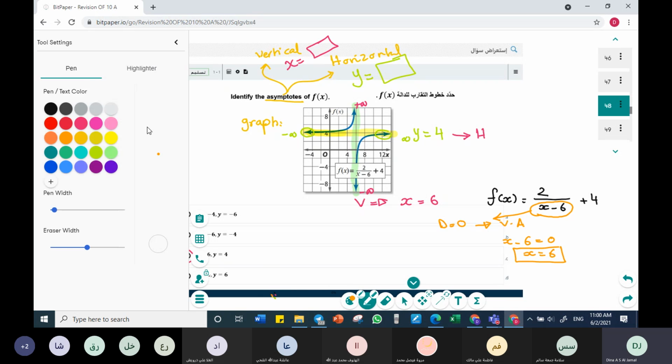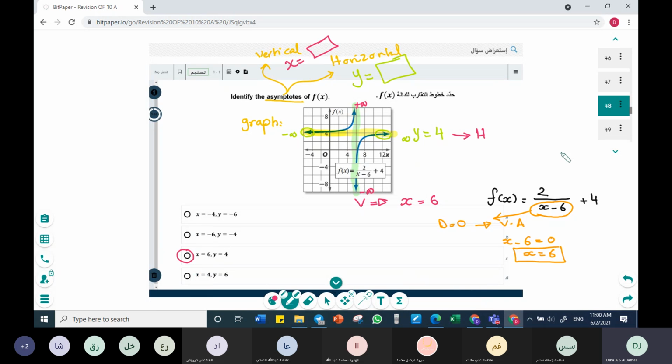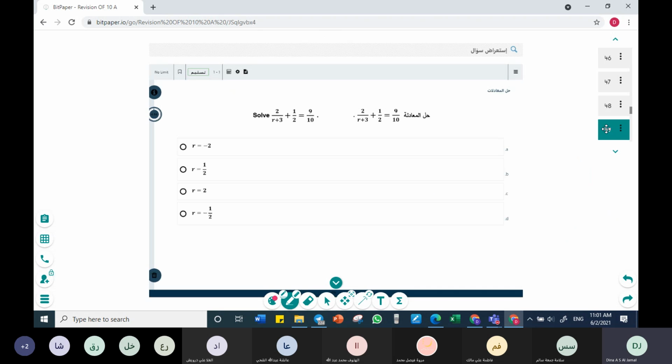And your horizontal asymptote will be your vertical shift with its sign. So here is your horizontal asymptote: y is equal to 4. So using this, you can know how to find each of them. That's it, ladies. Now, let's move to the other question.